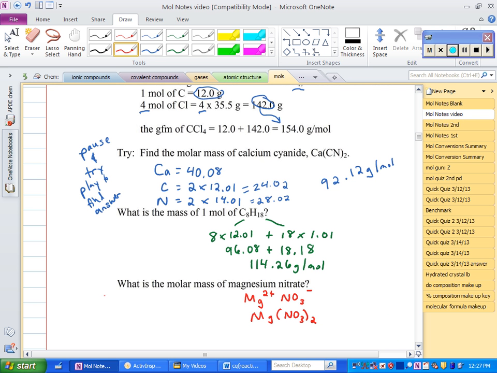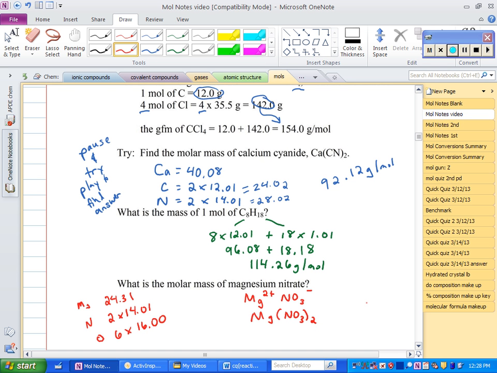Now you can add up the 24.31 for magnesium, 2 times 14.01 for nitrogen, 6 times 16.00 for oxygen. So there's magnesium, there's nitrogen, there's oxygen.